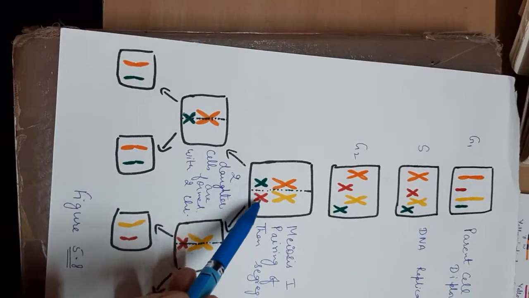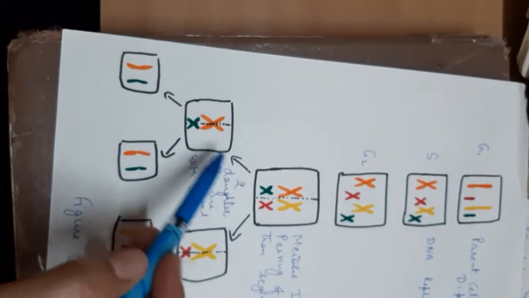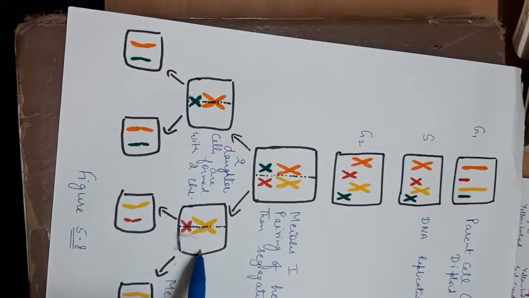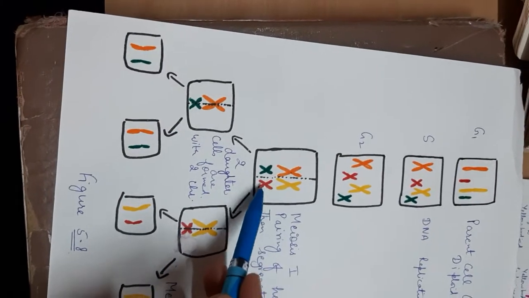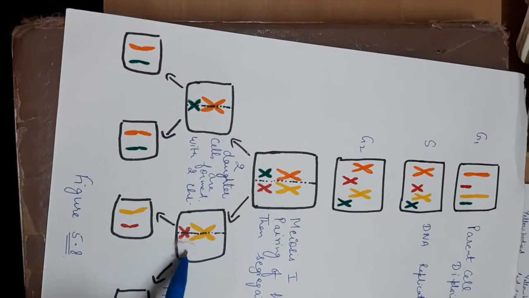Then this pair will also segregate, so this cell will receive one chromosome of this second pair and this cell will receive the second chromosome of the same pair, right?